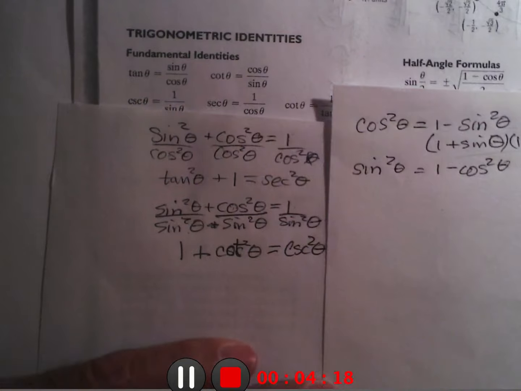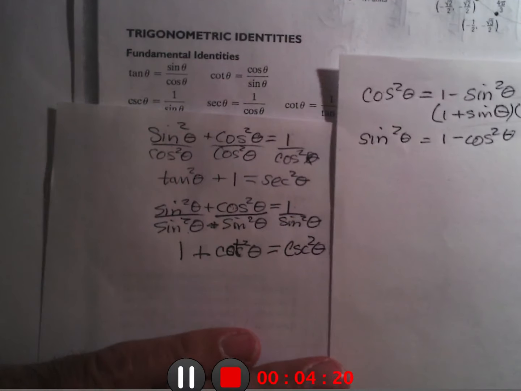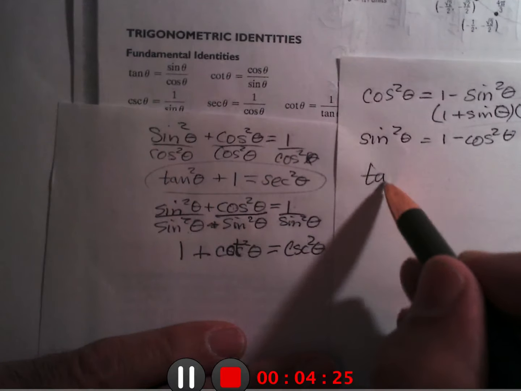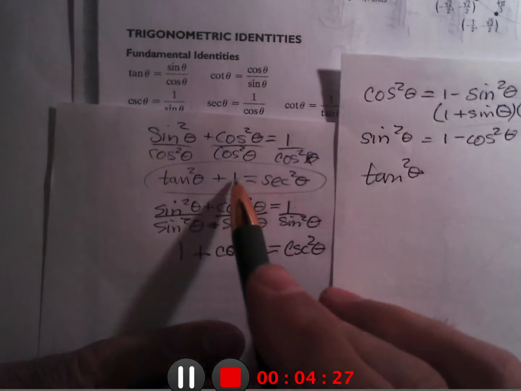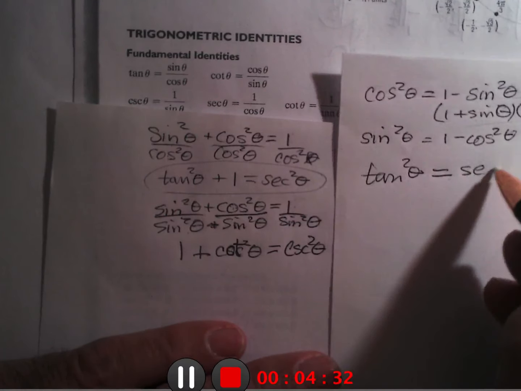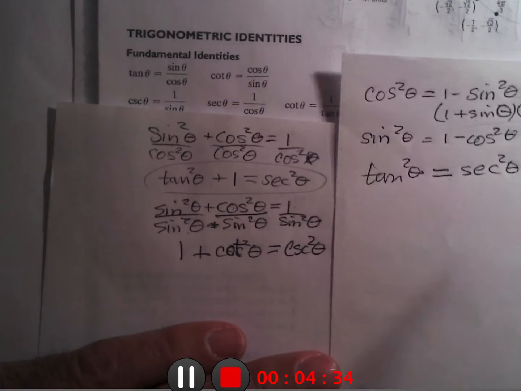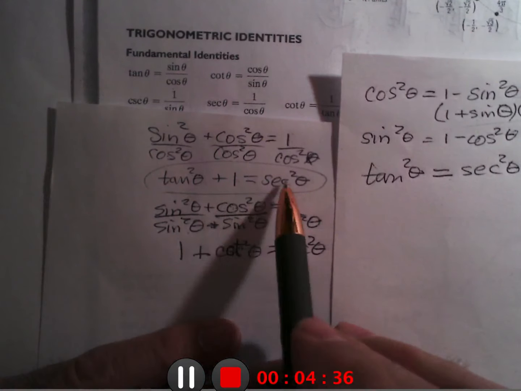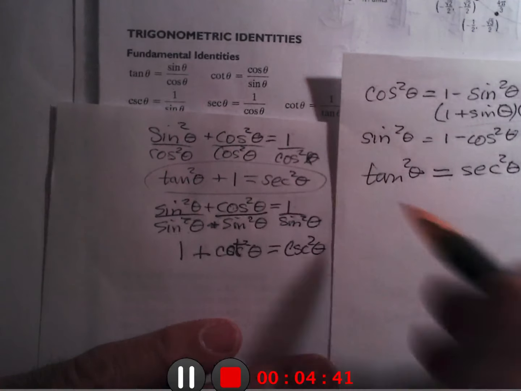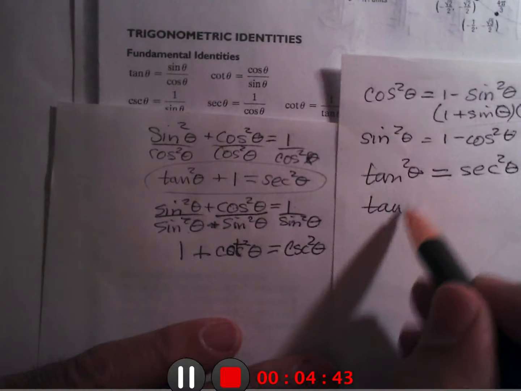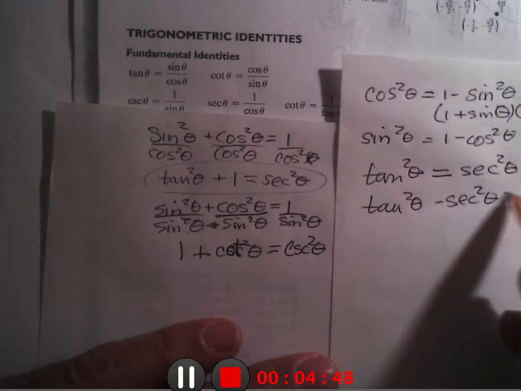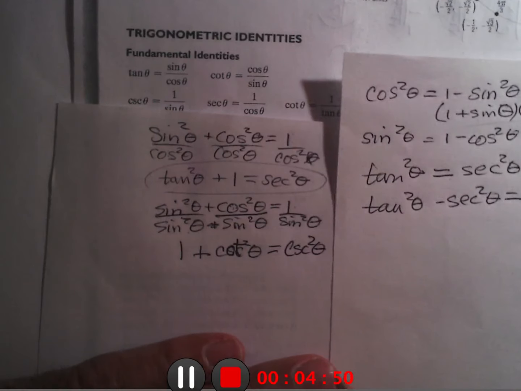If you took this one, tangent squared theta, and subtracted 1 from both sides, you would see that the tangent squared is equal to secant squared theta minus 1. Or you could subtract secant squared from both sides and subtract 1 from both sides. You would have tangent squared theta minus secant squared theta equals minus 1. And there's other things you could do algebraically for this.